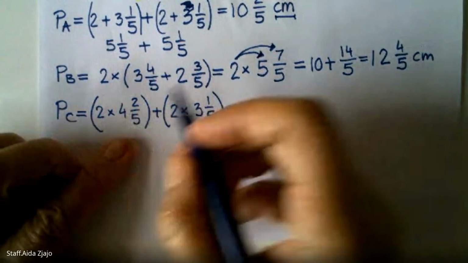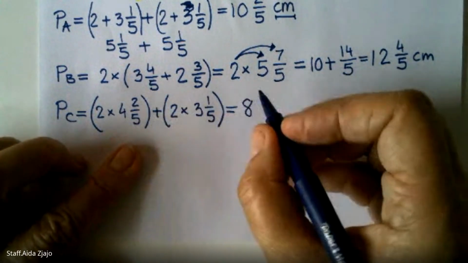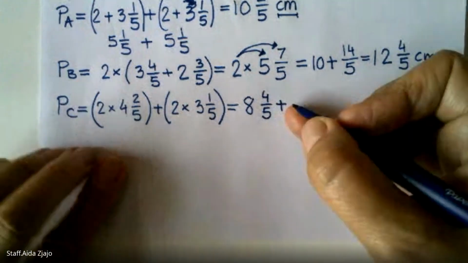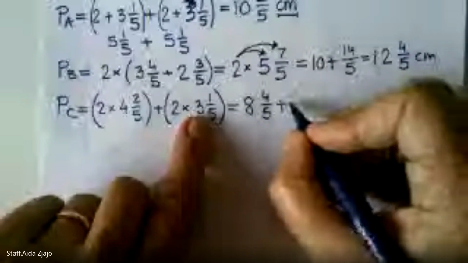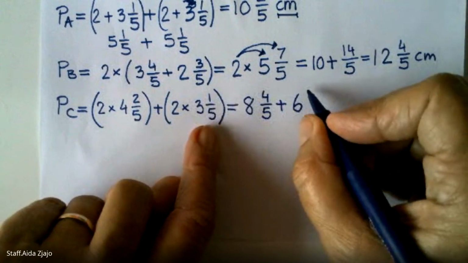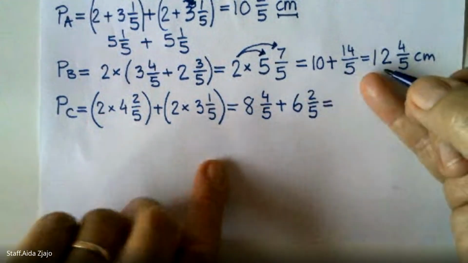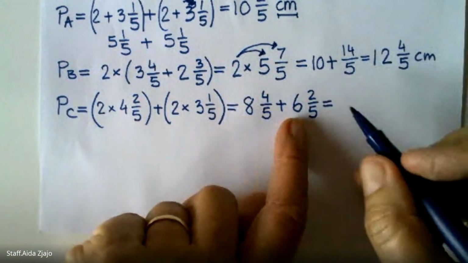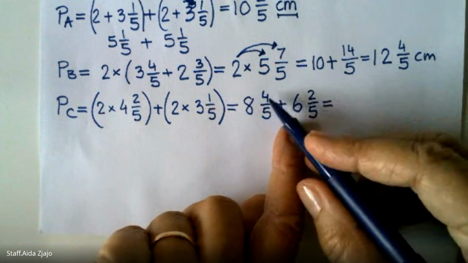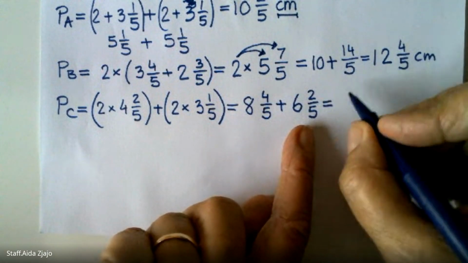So 2 times 4 is 8, and 2 times 2/5 is 4/5, plus 2 times 3 is 6, and 2 times 1/5 is 2/5. Now I get 8 and 6 is 14, but I have 4/5 plus 2/5 is 6/5, so that makes one more.